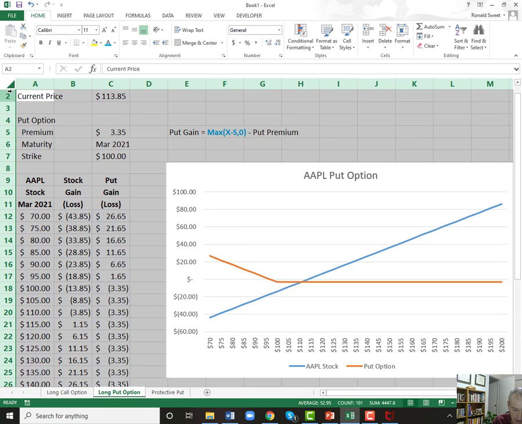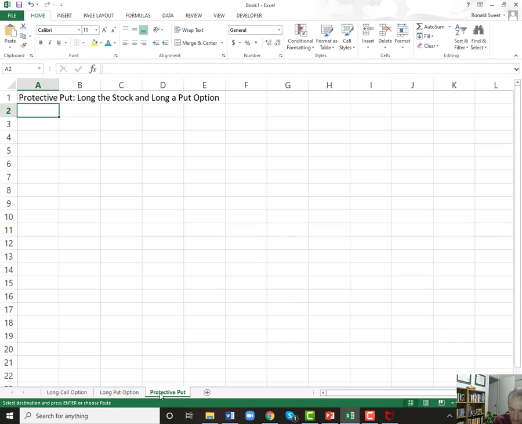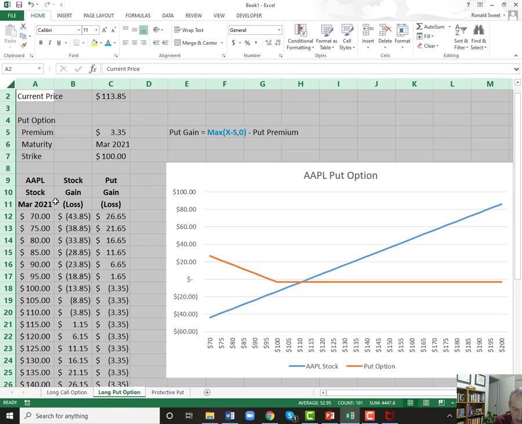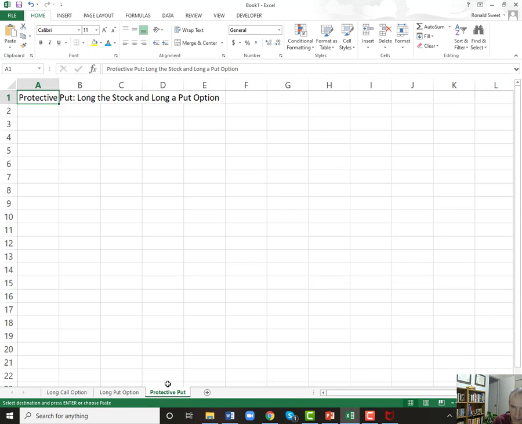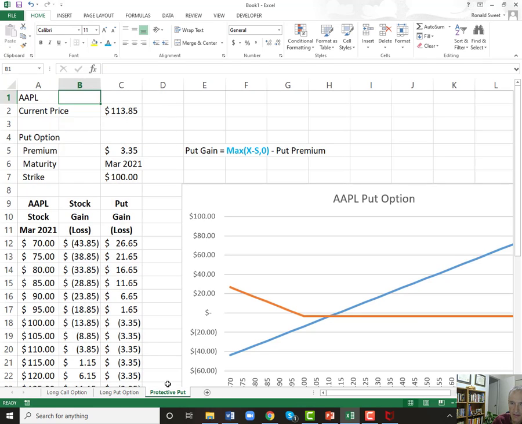So I'm going to copy this over. Well, before I do that, let me... No, I'll just copy it over. We'll just have to lose that. And so a protected put is long the stock and long a put option.